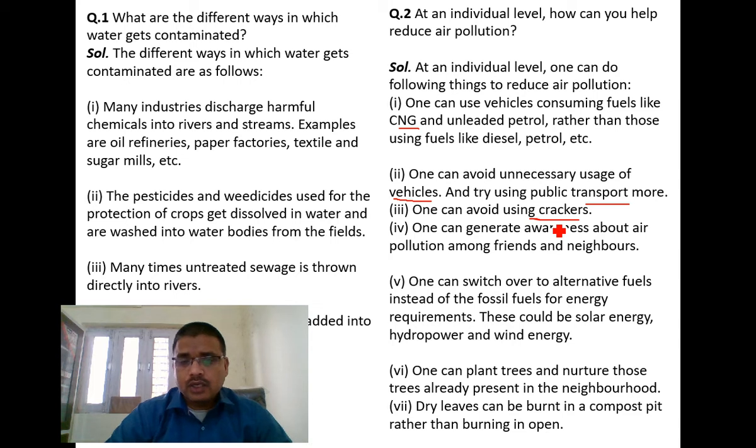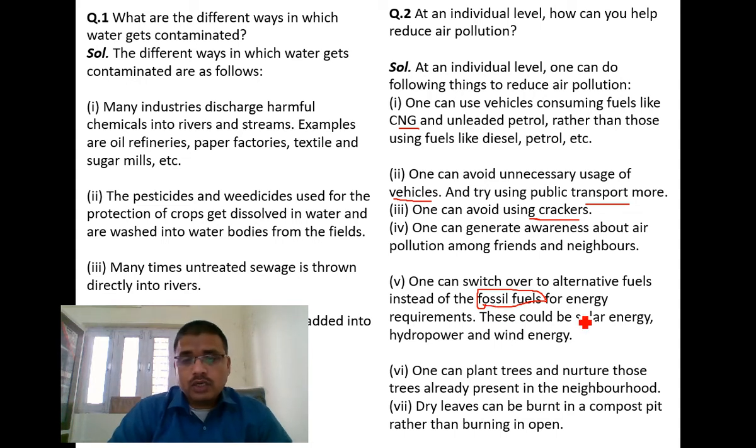Fossil fuels means fuels like petroleum, petrol and diesel. Coal is also a fossil fuel, and these should be avoided. In replacement of these, solar energy, hydropower and wind energy can be used.